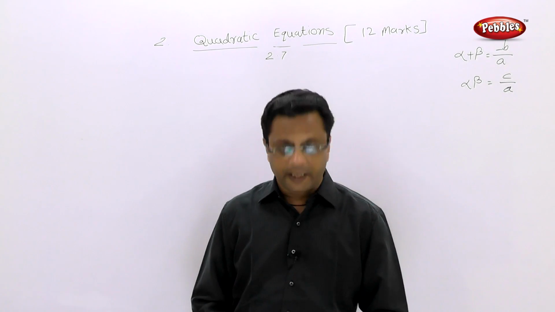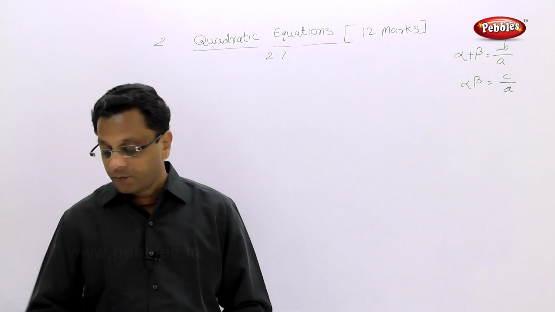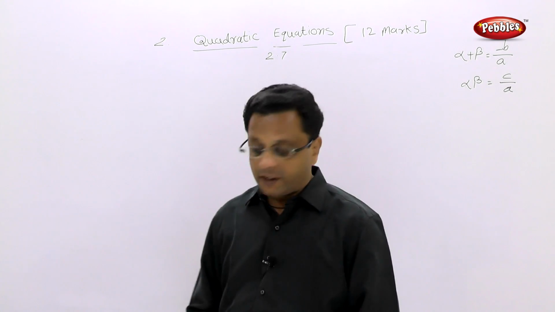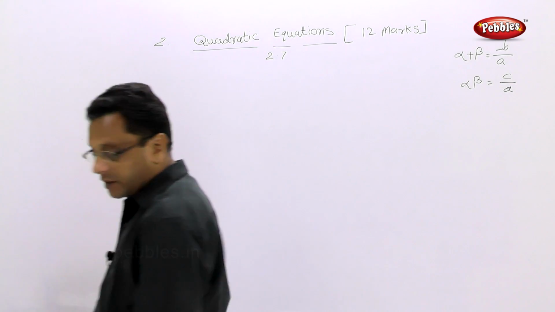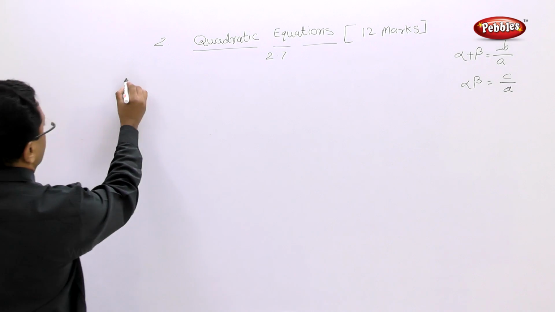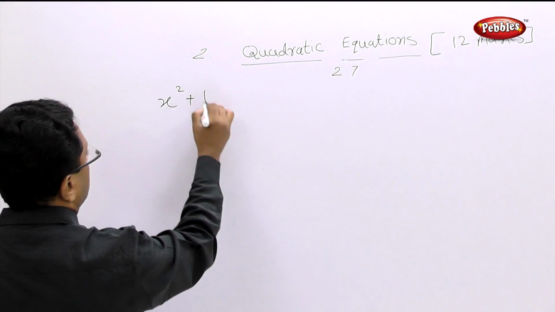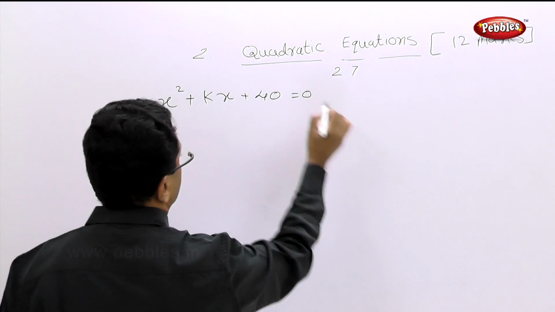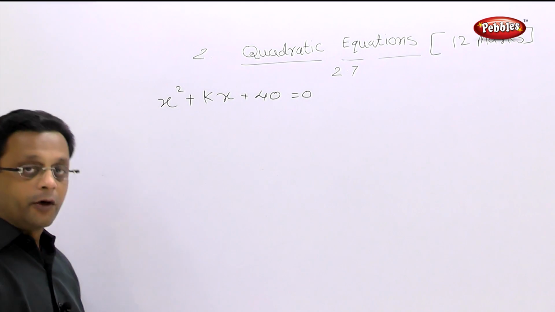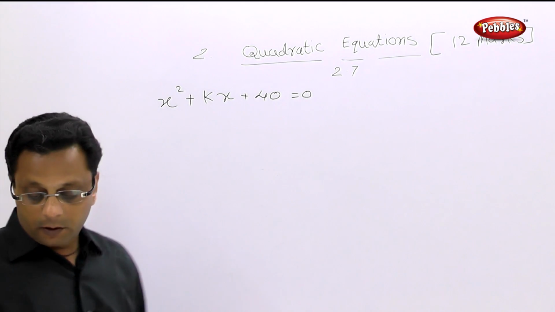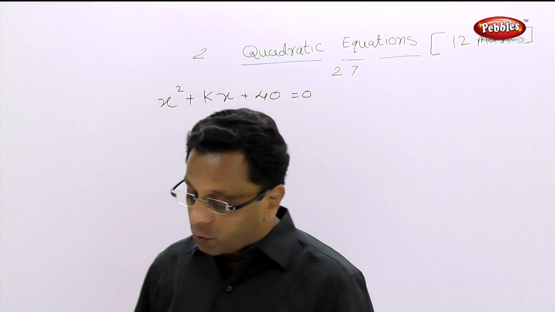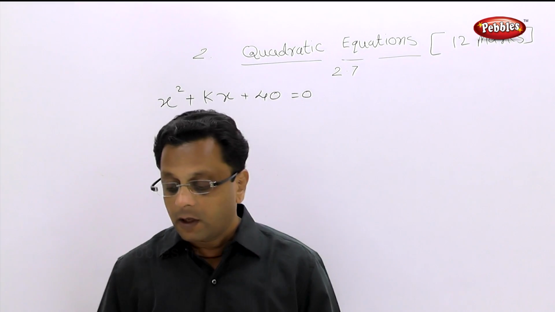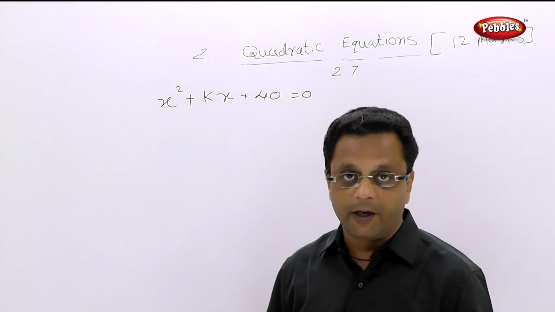Let us solve the second example of 2.7. Here we are given one quadratic equation, x square plus kx plus 40 equal to 0. In this case we have to find the value of k. The given is the roots of this quadratic equation are in the ratio 2:5.